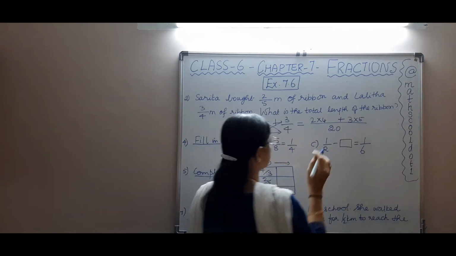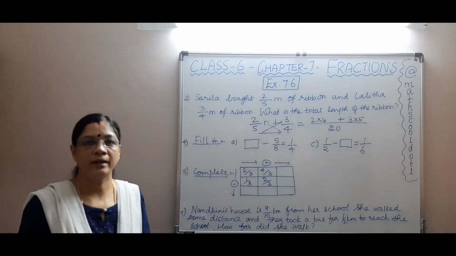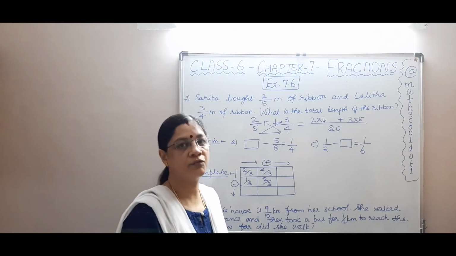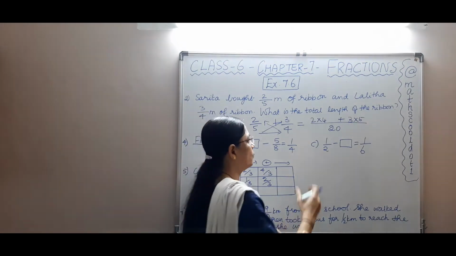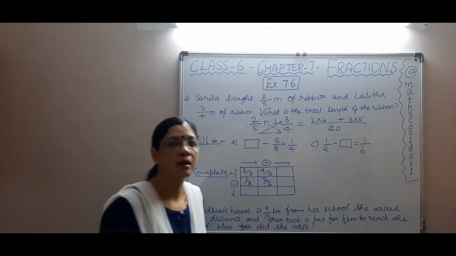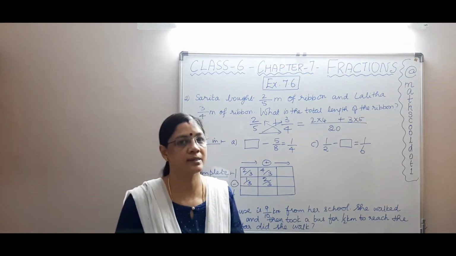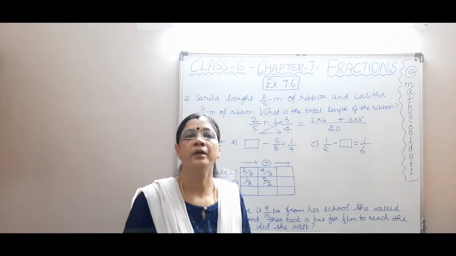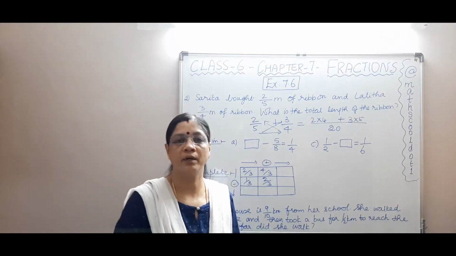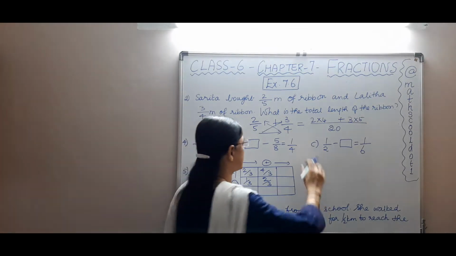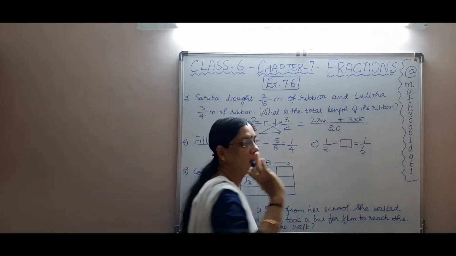That is 20. This is just equivalent to finding the LCM and multiplying with the corresponding numbers. But here we are following this shortcut. This is applicable for any number. Even without finding the LCM, you can do it this way and you will get the correct answer. See, you just multiply these two numbers, you get 20 here.